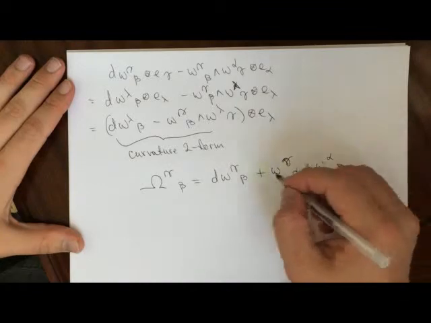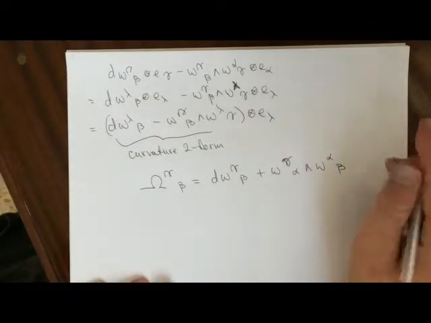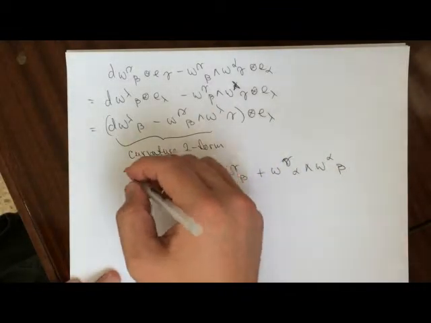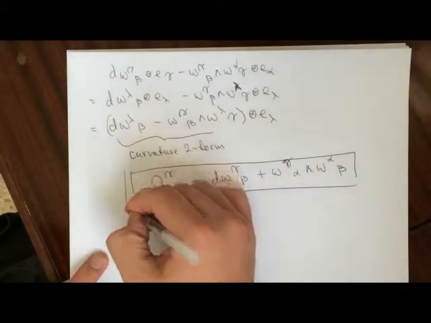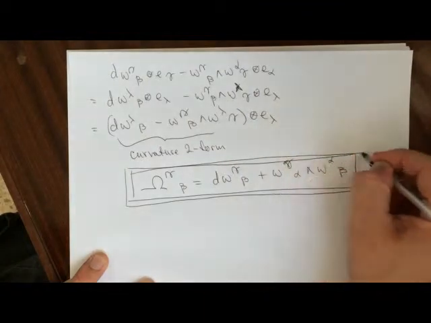So I flip them and change the sign, and this is the expression that we have for the curvature 2 form.